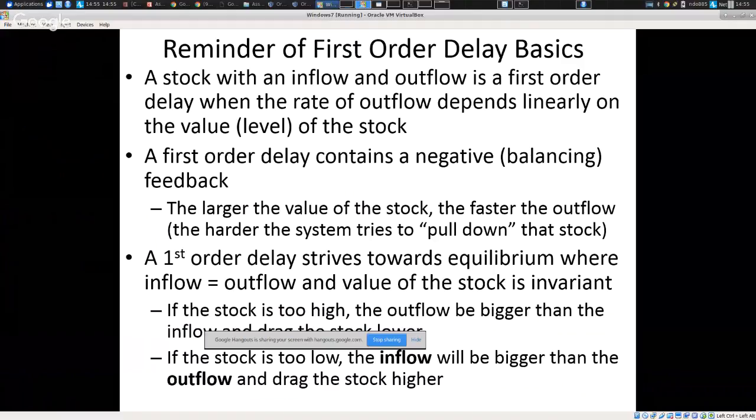So here's our inflow, I'll label it I, and here's our outflow, I'll label it F, okay? And suppose we have some parameter here that's a probability per unit time of someone leaving the stock. Let's call the stock X. This parameter here, alpha, is a probability per unit time that someone will leave the stock X. What would the formula be for F if it depends linearly on the value of the stock?